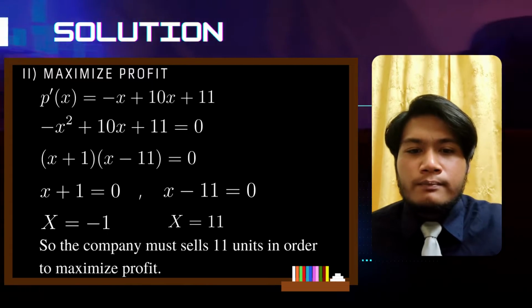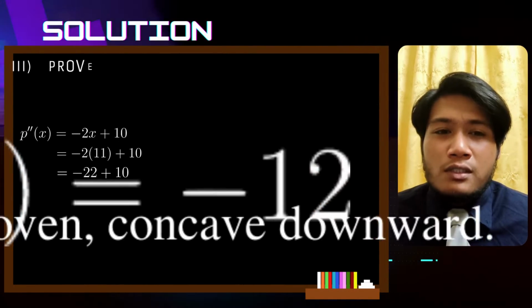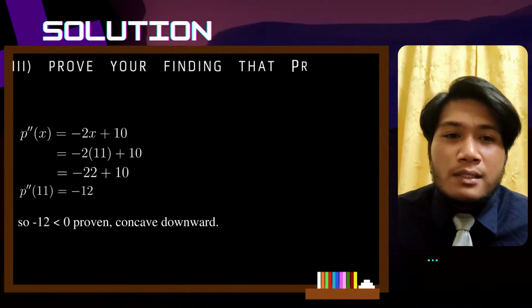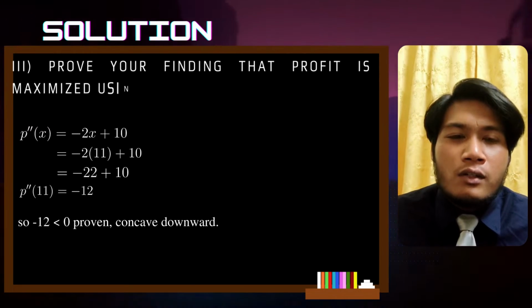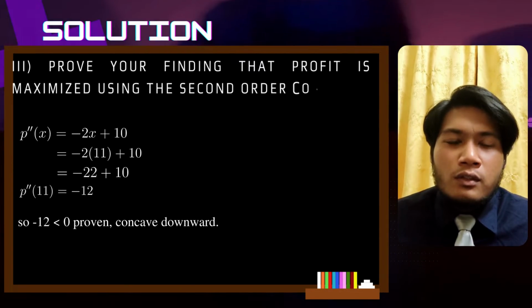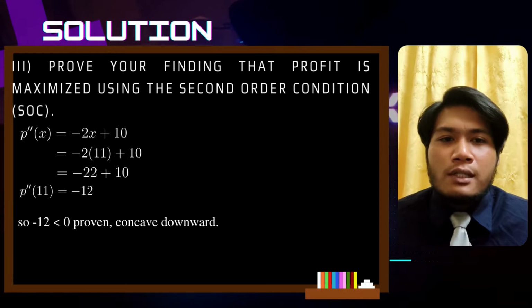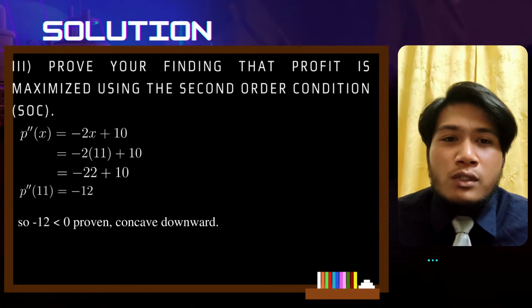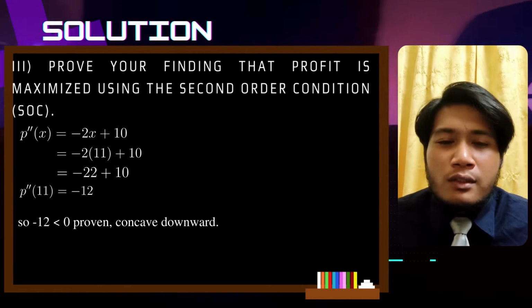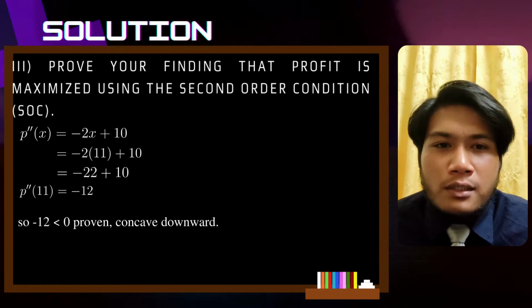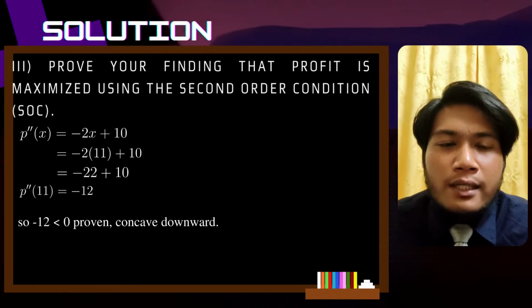The next question is to prove that profit is maximized using the second order condition, SOC. In order to solve this, we must find the second derivative, P double prime x, which is equal to negative 2x plus 10.